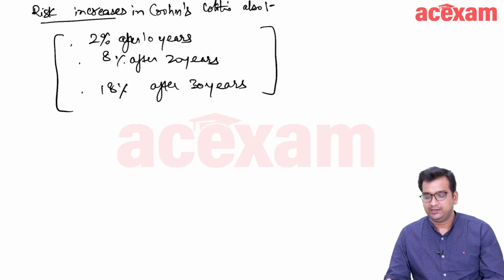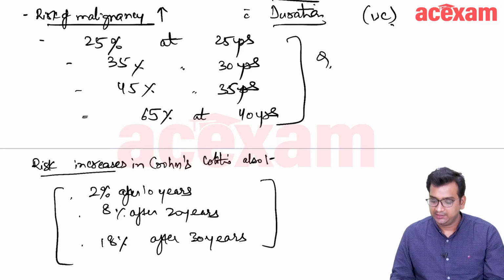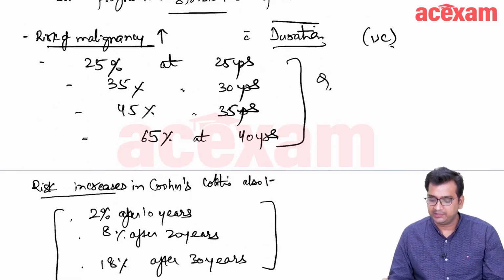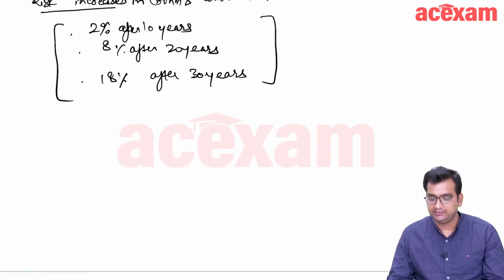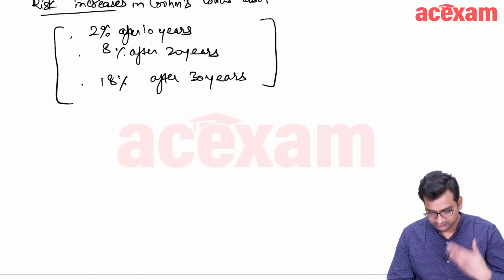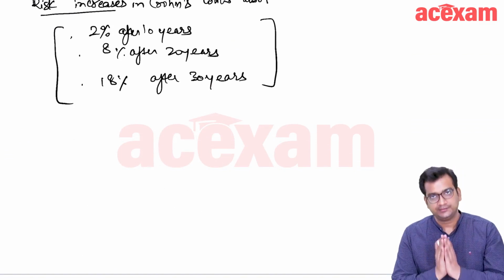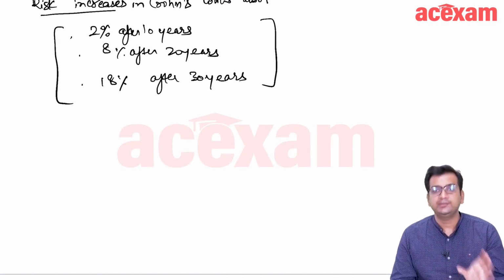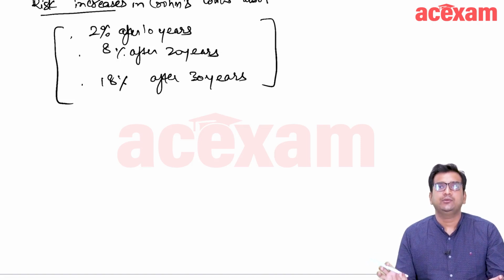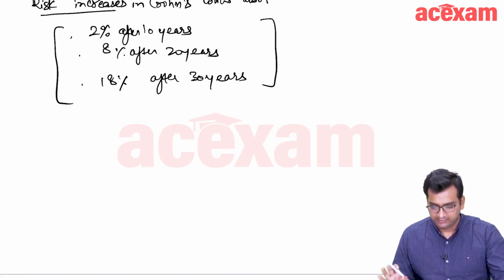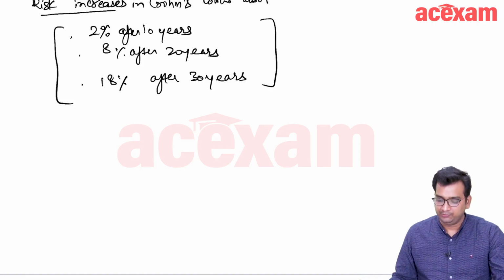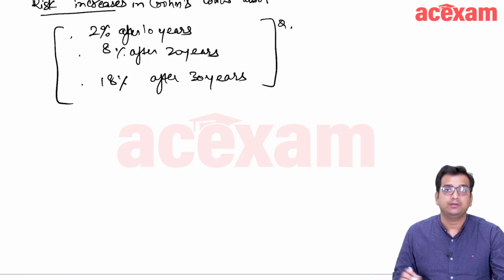If you see here that it is 18% after 30 years, whereas it is 35% at 30 years in ulcerative colitis. Okay, but statistically there is not a significant difference. So overall, from MCQ point of view, the chances of development of colorectal cancer in ulcerative colitis and Crohn's colitis is similar. Okay, so that is for MCQ point of view, but these points also you should try to remember.